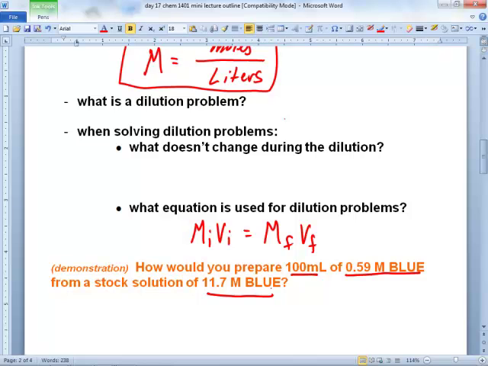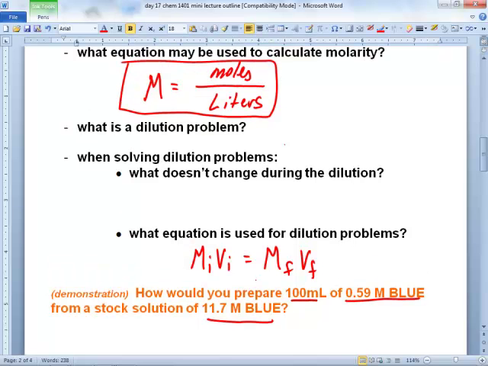Victoria said convert to liters. But first, before we jump into this equation, pretend you read this for the first time and you're wondering, what equation should I use? Because you know it has to be one of these. What's the big hint in telling you which equation you should use? You have two M's. That's exactly what I see.